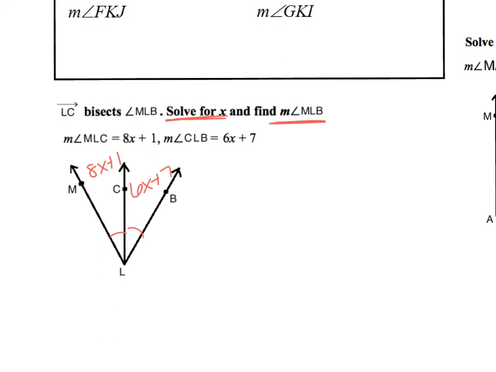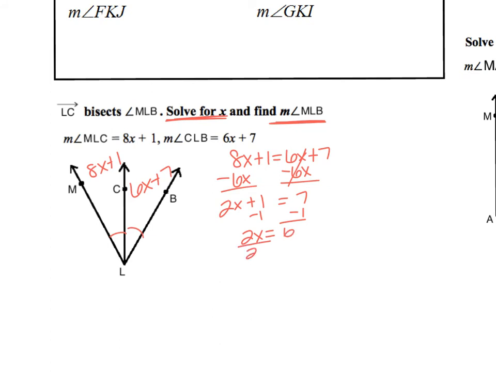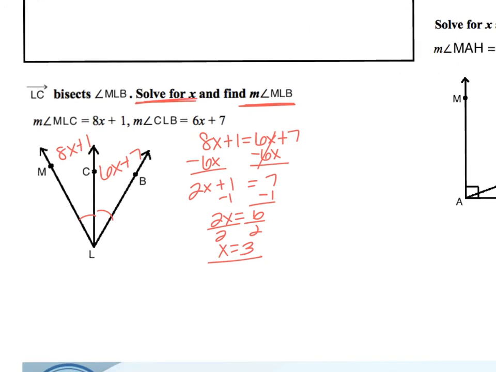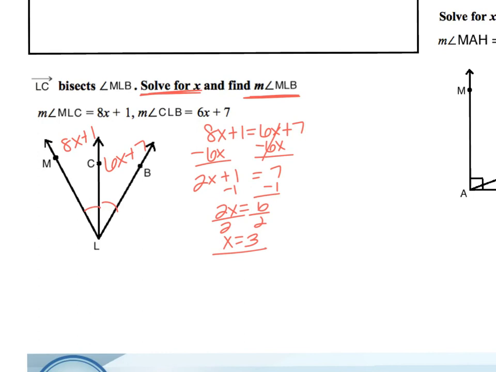We're solving for X and figuring out what MLB is. So 8X plus 1 equals 6X plus 7. Subtract 6X from both sides: 2X plus 1 equals 7. Minus 1 from both sides, 2X equals 6. So X equals 3.